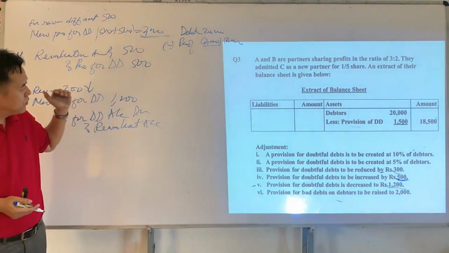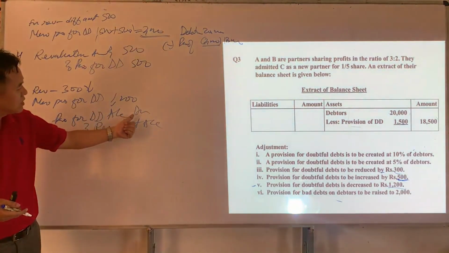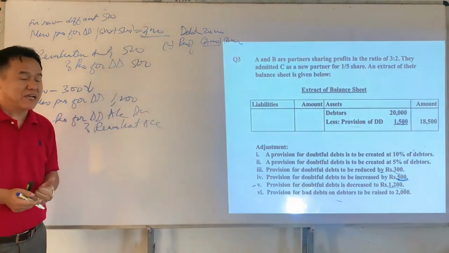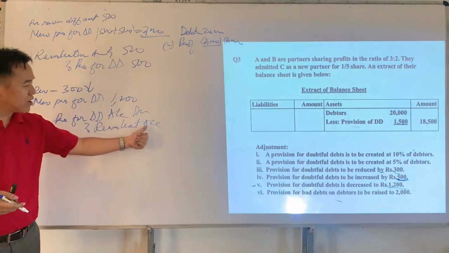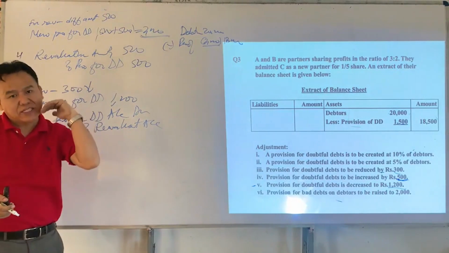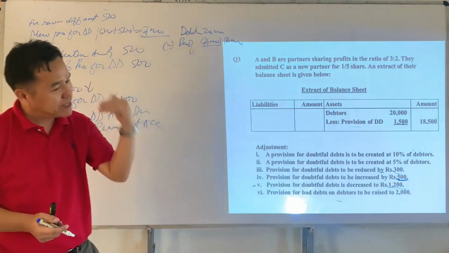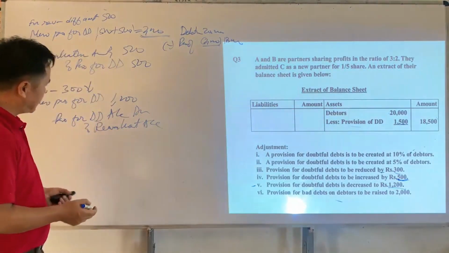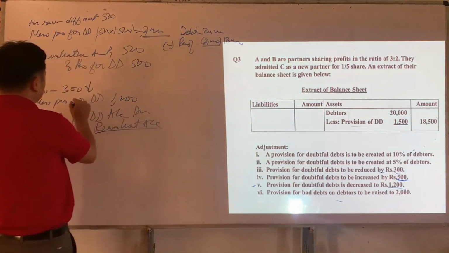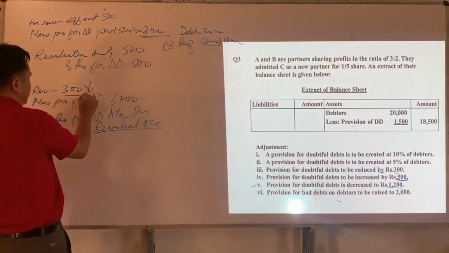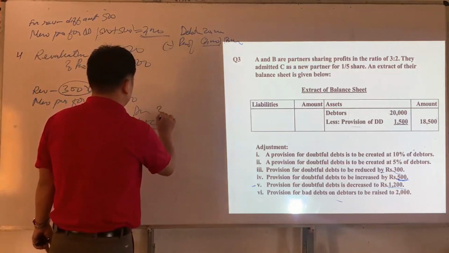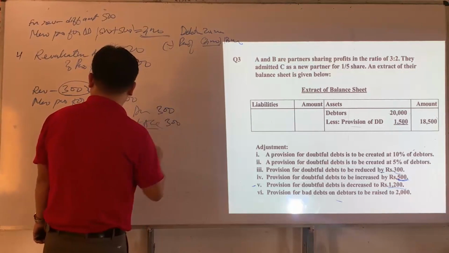Because provision for doubtful debt being a liability to the firm, if it is decreased, then it should be debited. And why is revaluation account credited here? Because there is a profit on account of decrease in the value of liability. If liability decreases, it should be credited. That is why revaluation account is credited here. So here, provision for doubtful debt is decreased by how much? It decreased by rupees 300. So here we have to write 300.